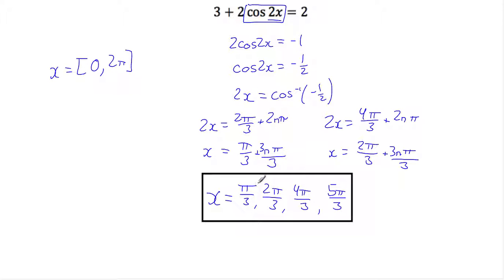And this is important to realize, that here these are the 4 solutions. And the general rule of thumb is this, adding the 2n pi. That's going to work for all these problems, but you really only have to worry about computing that when you have a coefficient in front of the variable.